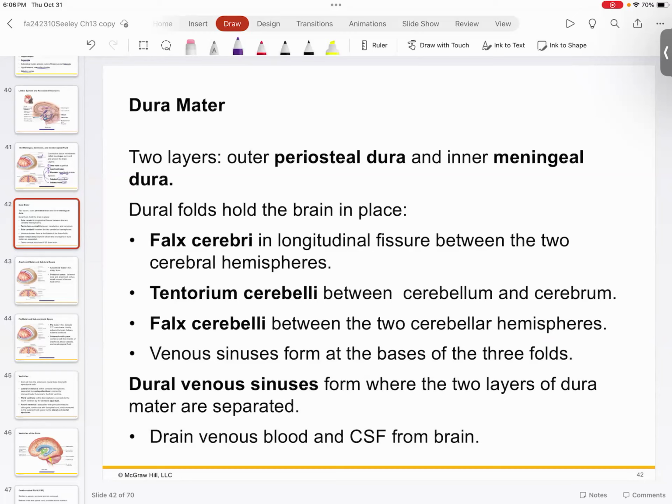Similar pattern. So the dural folds will bind up the brain and hold it together. Inside the longitudinal fissure between the two hemispheres is what's referred to as the falx cerebri. That's the structure of the dura that dips down into that longitudinal fissure.